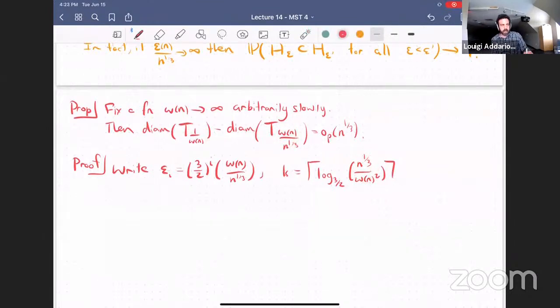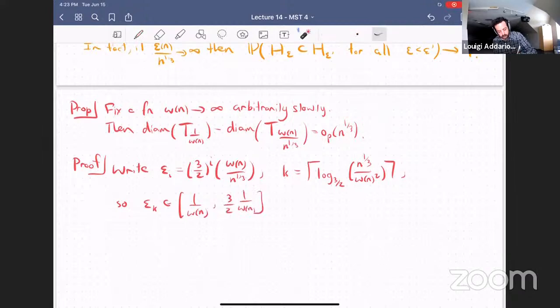Then the last epsilon is somewhere between 1 on omega n and 3/2 times 1 on omega n, right? So it's basically where we're targeting here.